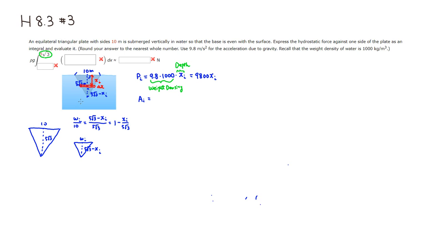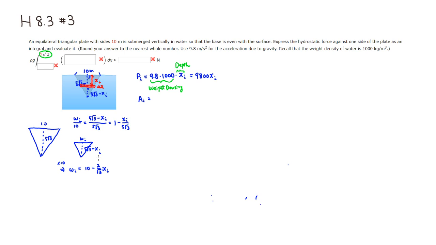So Wi is going to be, multiplying through by 10, 10 minus, and the 10 and 5 cancel out, so we can write 2 over square root of 3 xi.